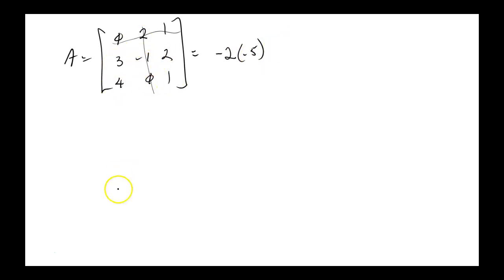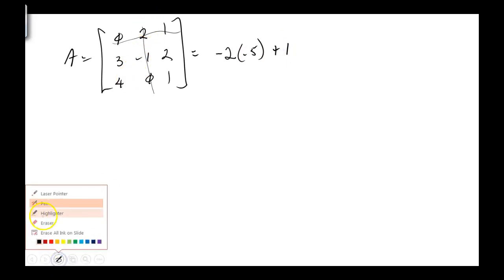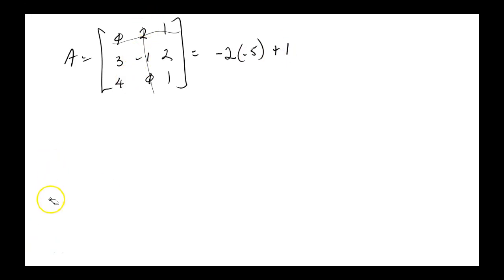Okay? And then you'll have a plus 1, because that's the third entry in the top row. And if you need to do your little line there to indicate, that'll be 0 plus 4. So that'll be 10 plus 4 equals 14.